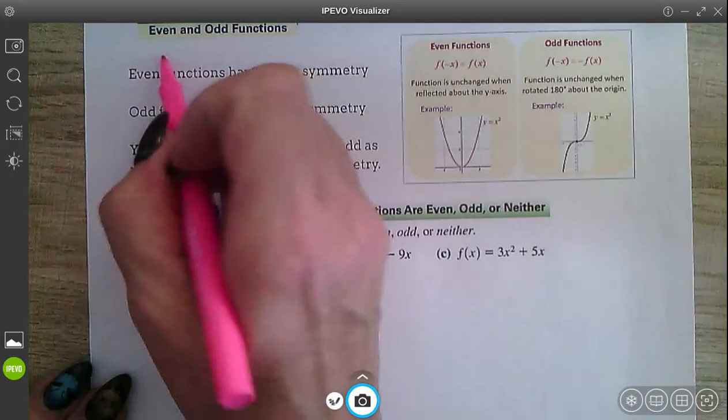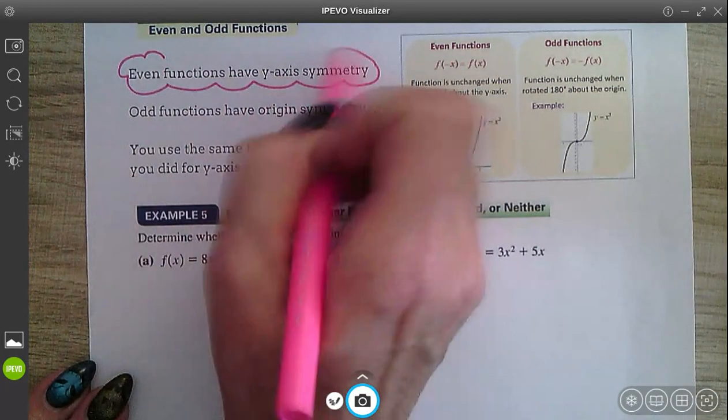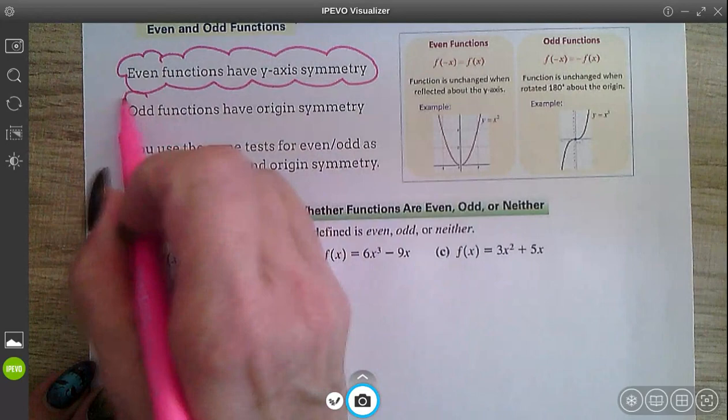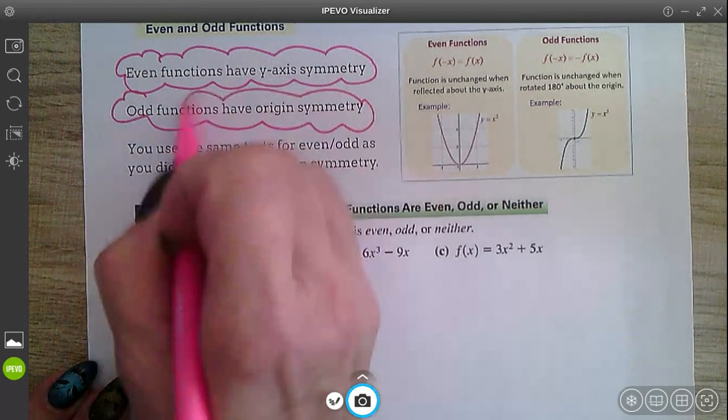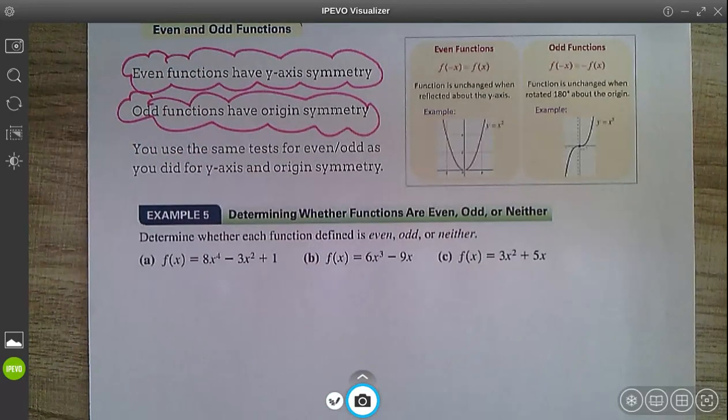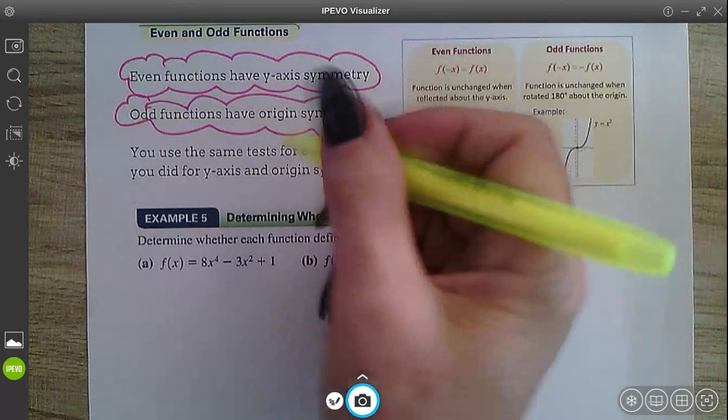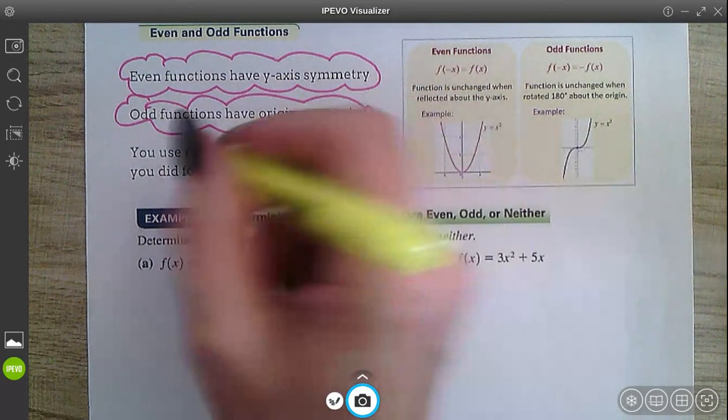So even functions have y-axis symmetry. Odd functions have origin symmetry. So we're just going to use the same test that we just did for y-axis and origin symmetry.